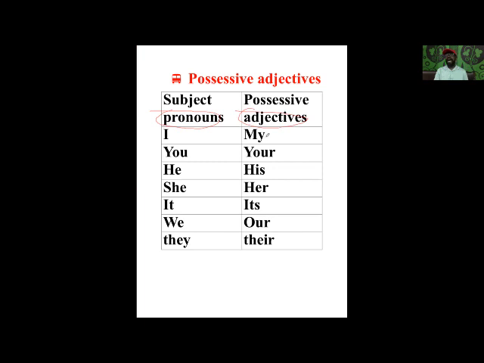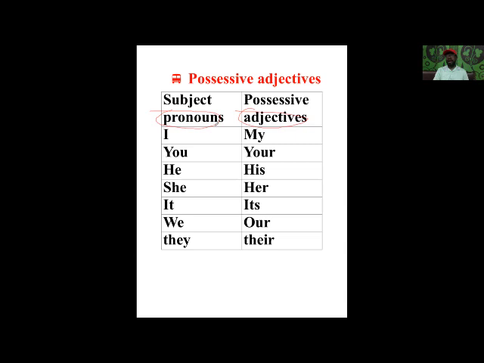The word my is a possessive. Possessive means something belongs to you. My class, my car, my t-shirt, my glasses, they are mine. I possess them. So the word my is a possessive adjective. It comes before a noun.